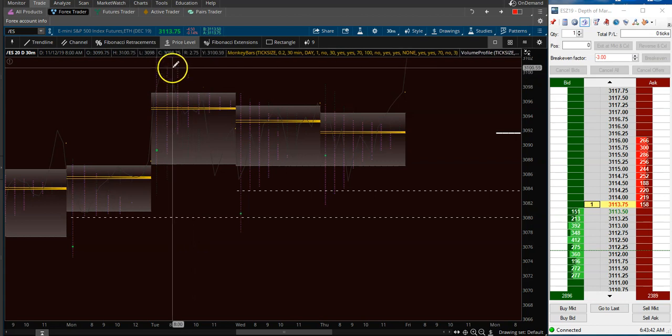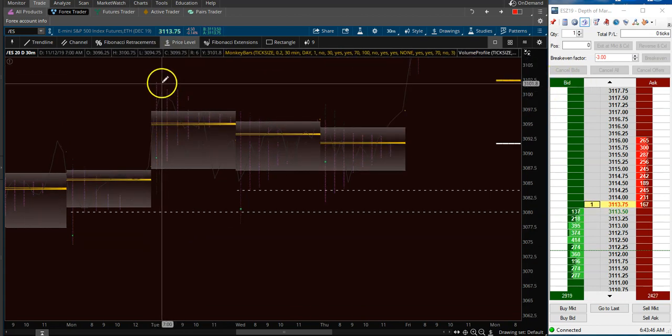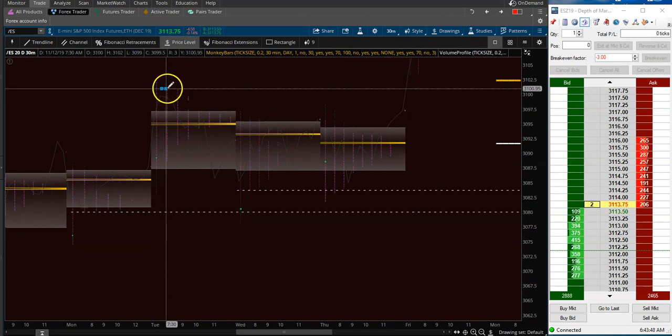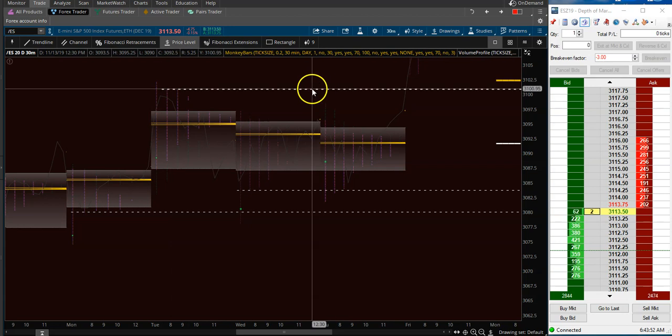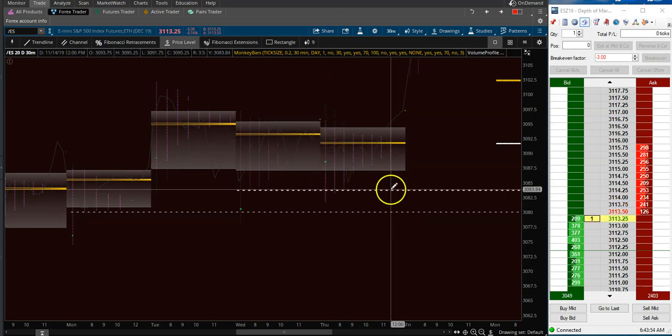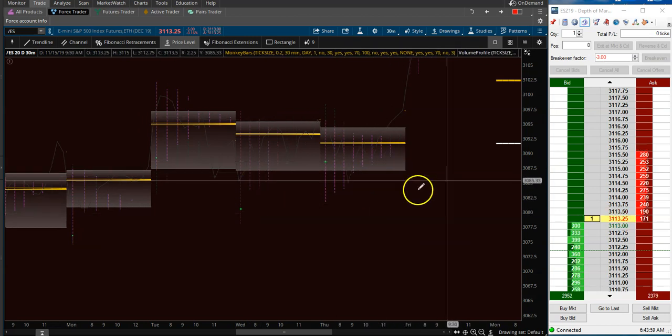So up here you would have one, because you have excess up here a little bit, and you have your single prints just right there. So it's a great way to try and identify support or resistance levels or turnarounds.